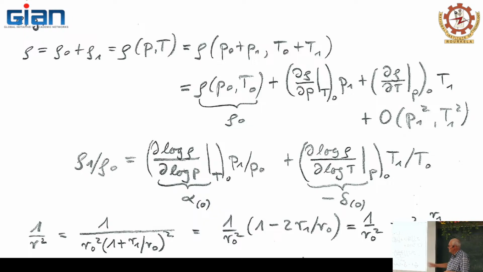So it is done very much the same way as the density is linearized using the formal prescription of an equation of state, rho as a function of pressure and temperature. It can be done the same way for the energy generation rate and the opacity kappa.